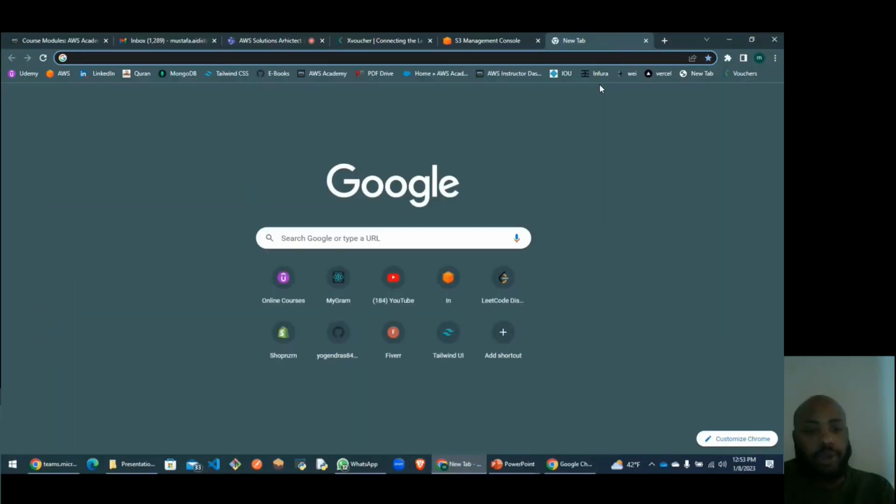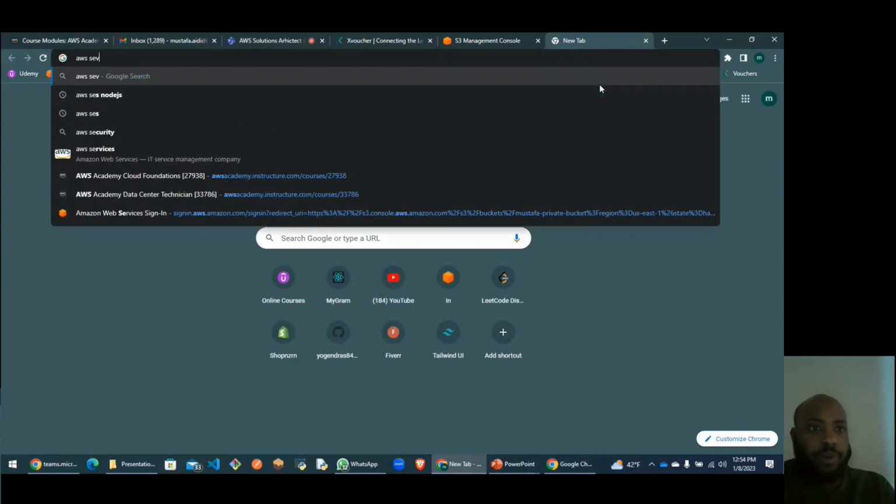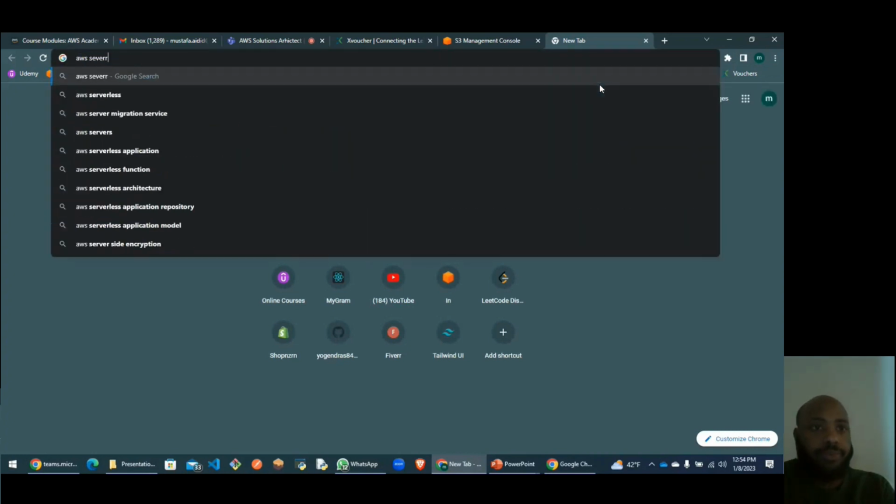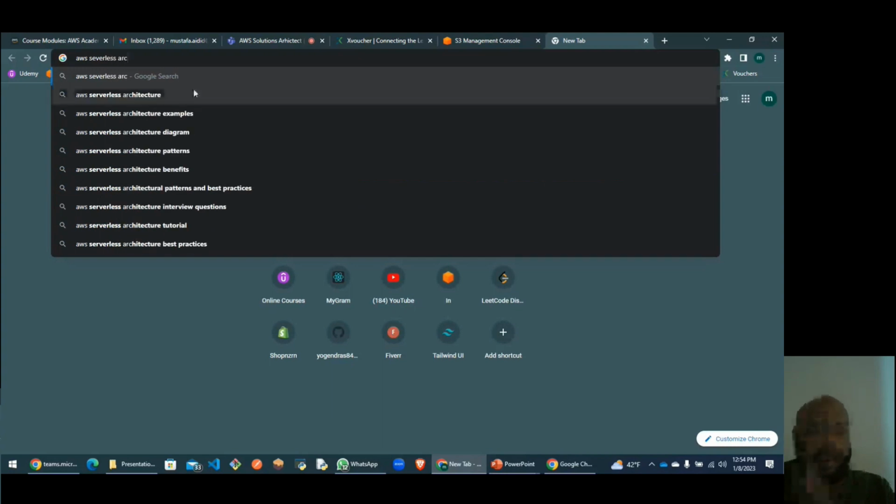So this was an introduction to the cloud today. Now we'll see how the cloud actually works moving forward. And I can show you, we want to get into a level of AWS serverless diagram.